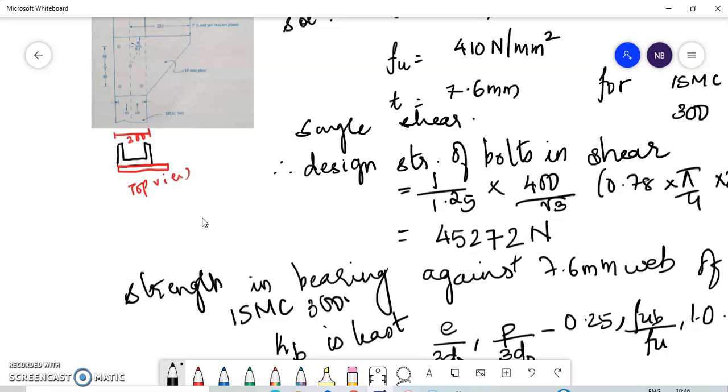So this entire length here is 300. So half the width is 150. We need to find out the edge distance. So the edge distance would be 150 minus 60. This is the edge distance E.